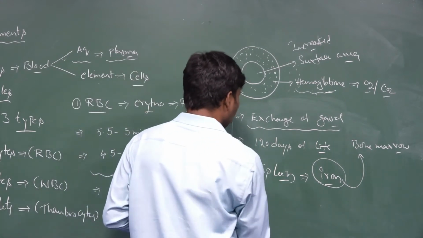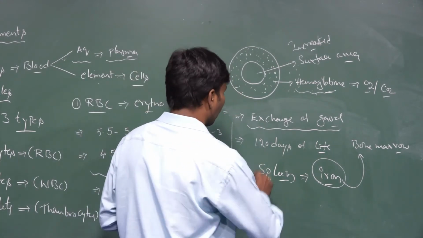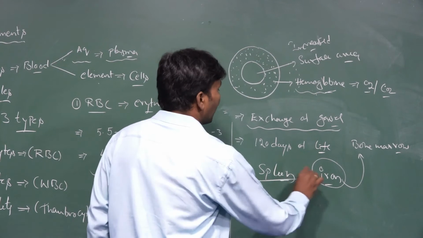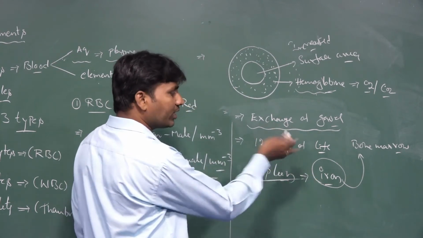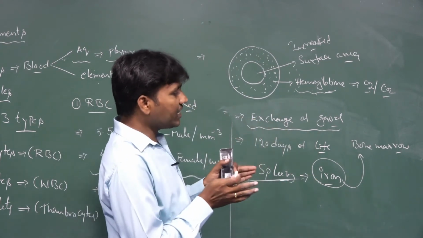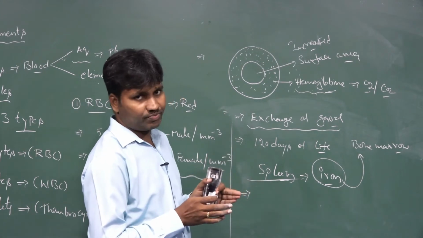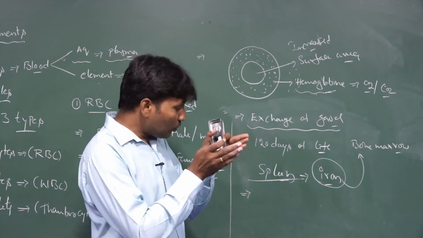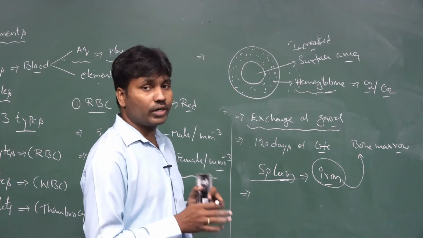Once the lifespan is over, the RBCs are destroyed. At that time, the concentration of RBC, that means the number of RBC, decreases in the body.